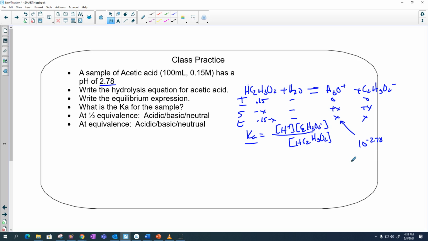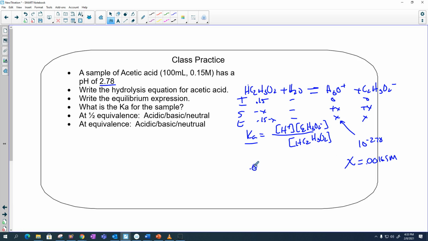Second log, negative 2.78, and I get 0.00165. So x equals 0.00165 moles per liter.